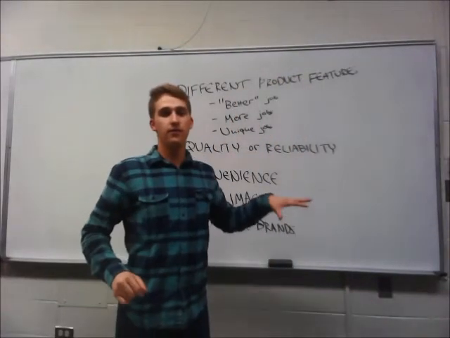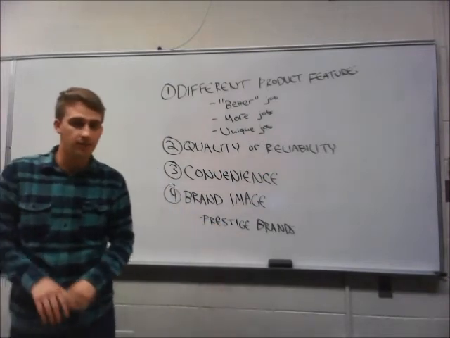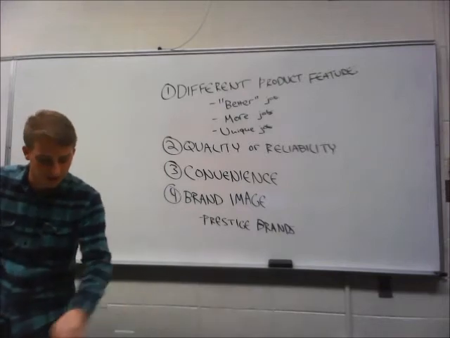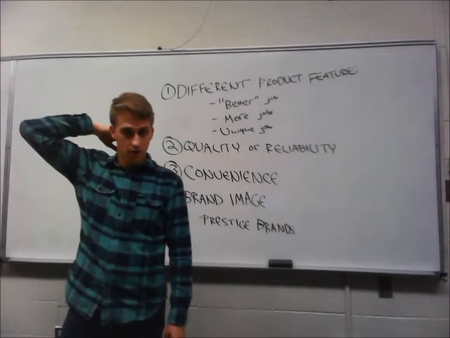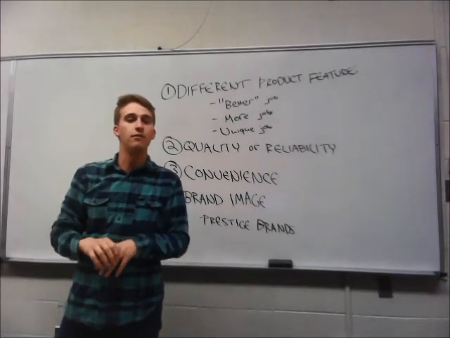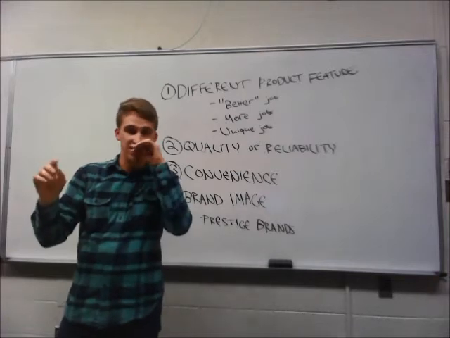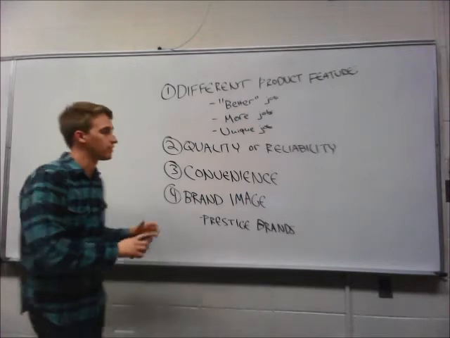Okay, now that we've figured out what you can do differently with your product to differentiate it, we'll talk about the rest of the chapter. Well, almost the rest. It talks about how you figure out which things you want to do differently. So it says sources of product differentiation.